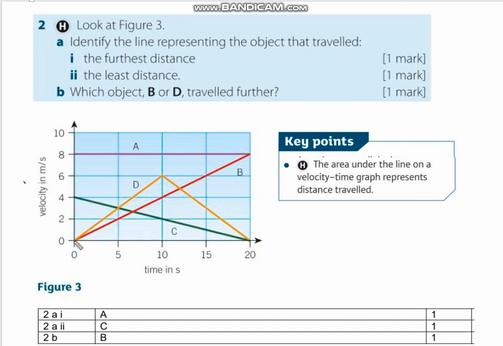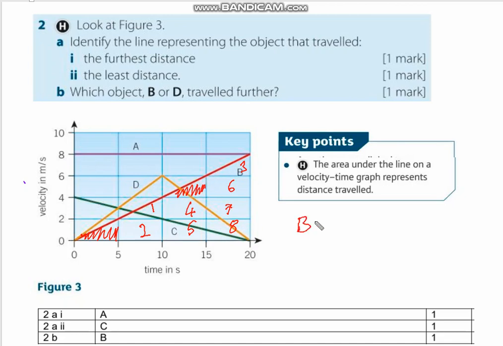So if we start down here, we've got half a box full there, and another half a box full here, so that would count as one box. Then we've got a full box here, so that would count as two boxes. We've got half a box here and another half here, so that would be three boxes. Then we've got 4, 5, 6, 7 and 8. So we've got an area underneath line B of 8 boxes.